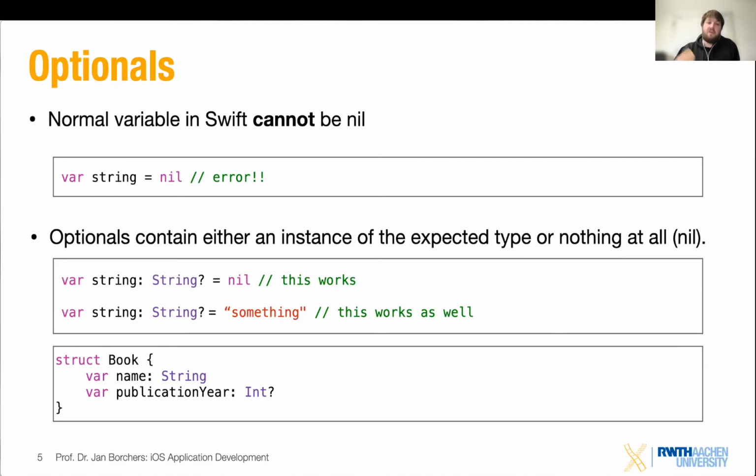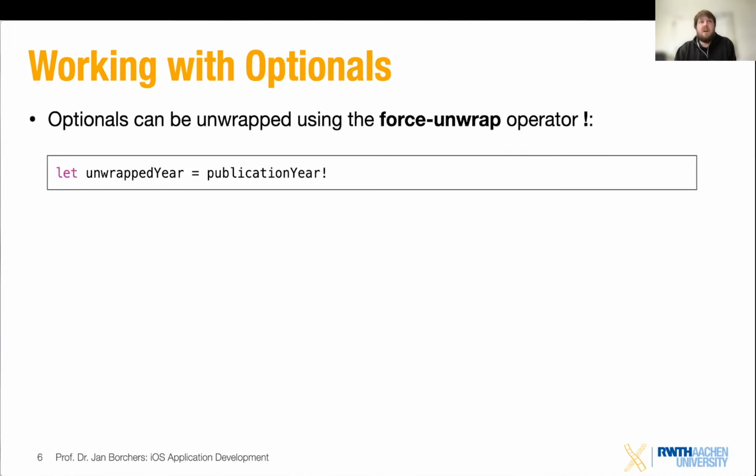So if you want to use the optional, if you want to access the type that is in it, you need to unwrap it first. And the most straightforward way that you can unwrap an optional is by using an exclamation point behind the variable. That will tell the compiler, okay, I know that there is a year or an integer in there, use it as an integer.